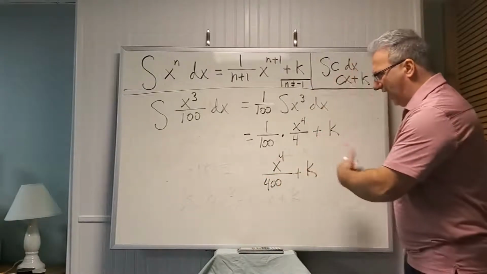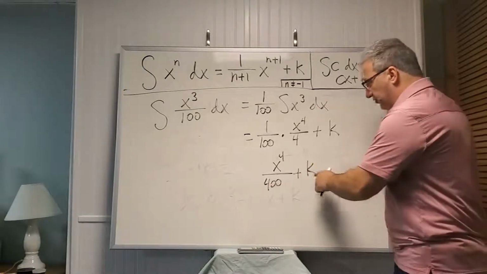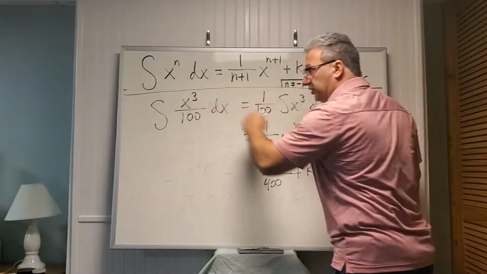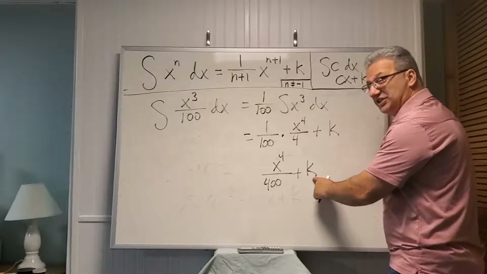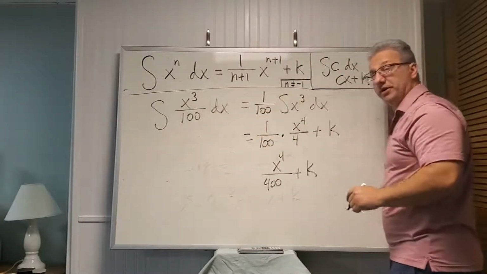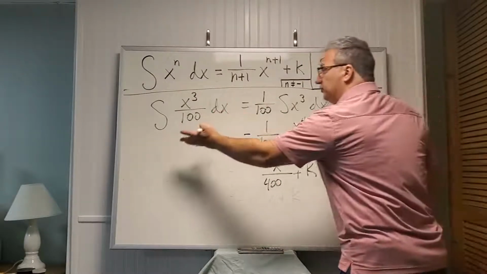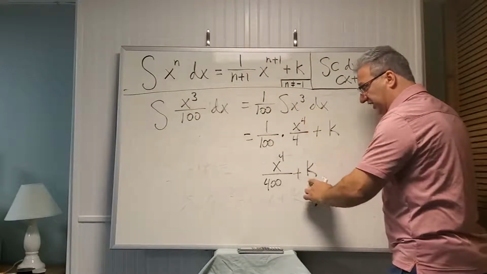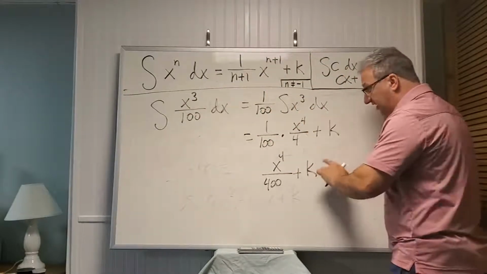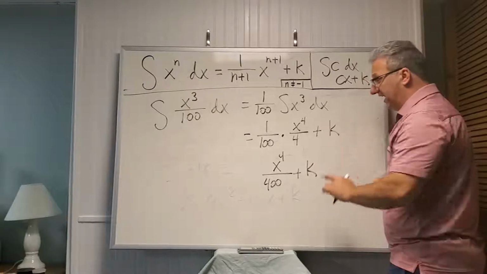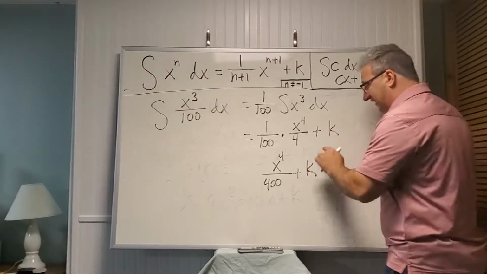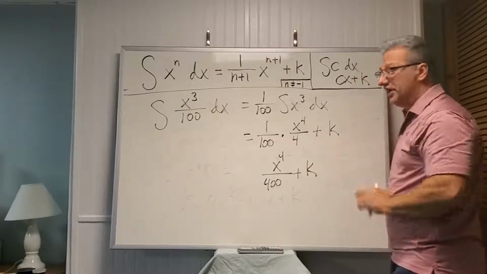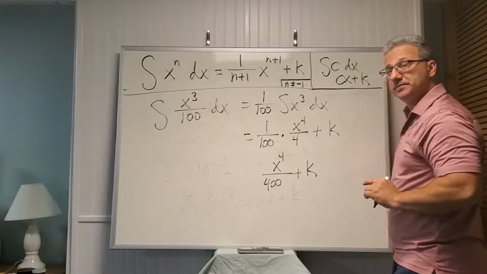And again, why plus k? Well, because the derivative of 80 is 0, and so it disappeared. The derivative of 92 is 0, so it disappeared. So when we do the antiderivative, we've got to make sure we understand there could have been a constant. That constant could be 0. When we look at applications, we'll try to figure out if we can exactly find that constant for specific applications.